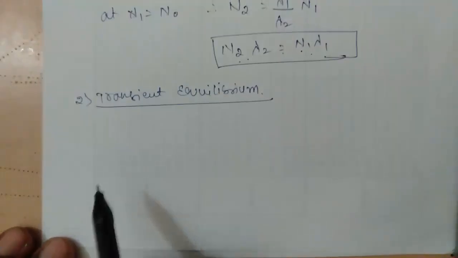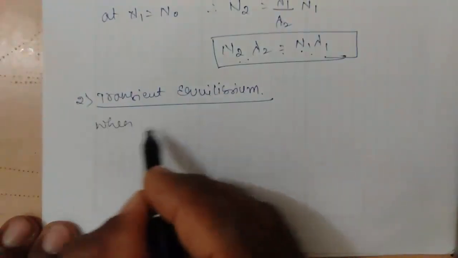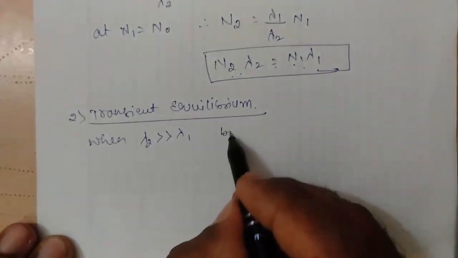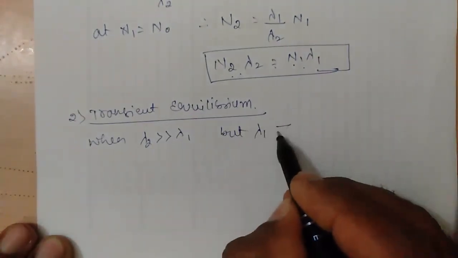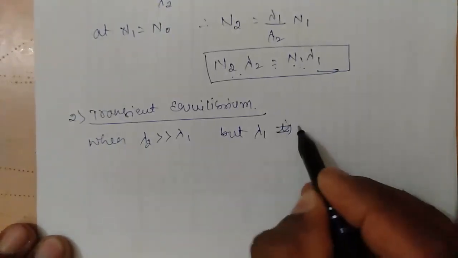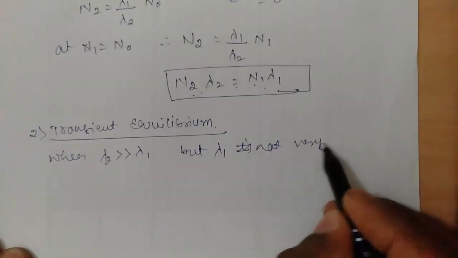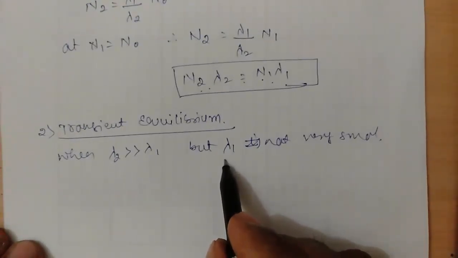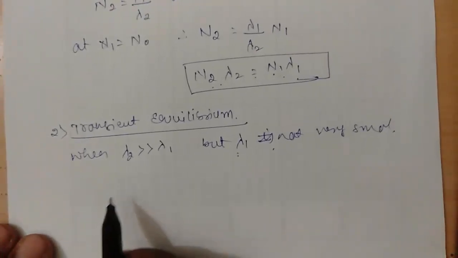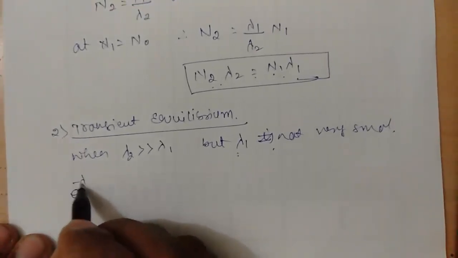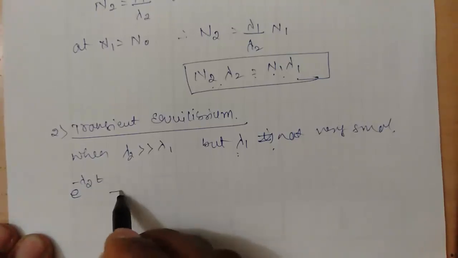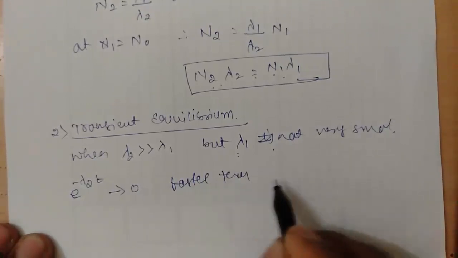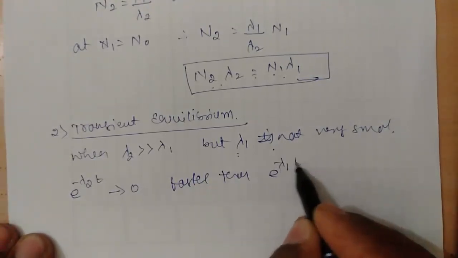So continuing with this, when lambda 2 is very much greater than lambda 1, but lambda 1 is not very small, such that it can be neglected. It has a sufficiently higher value such that lambda 1 cannot be ignored. So therefore the term e to the power of minus lambda 2 into t will approach 0 faster than e to the power of minus lambda 1 into t.